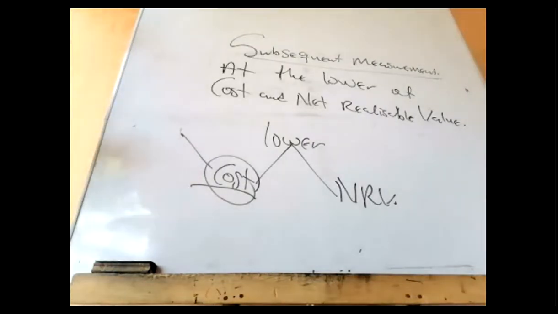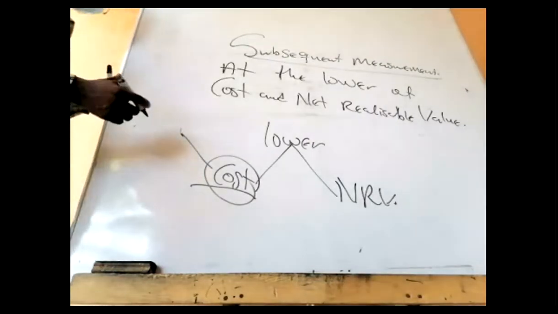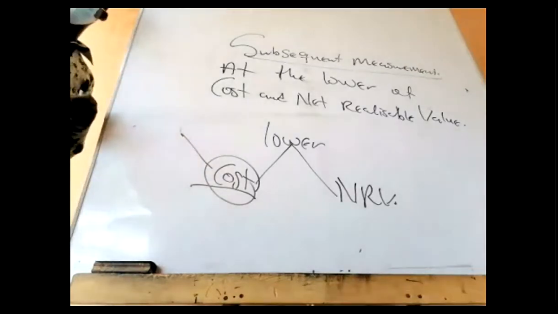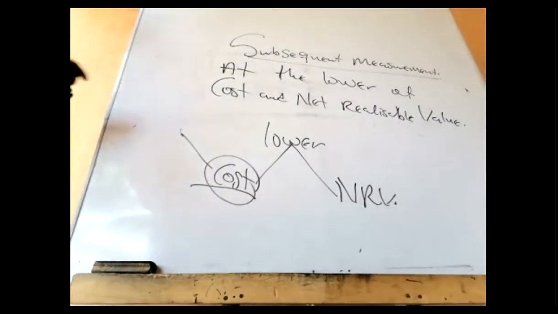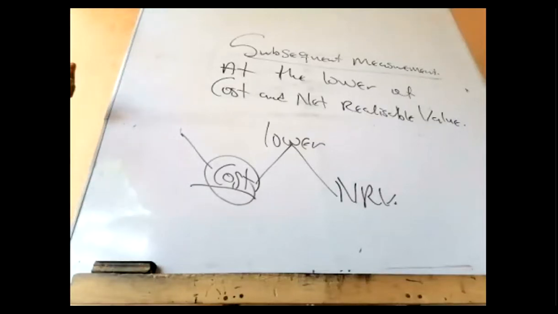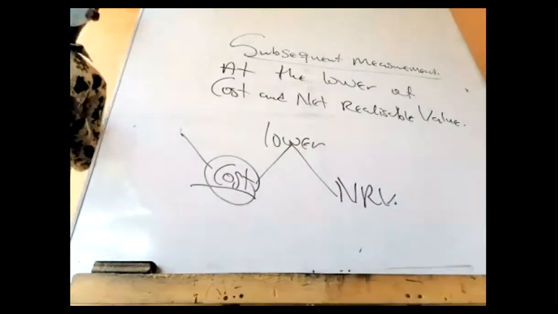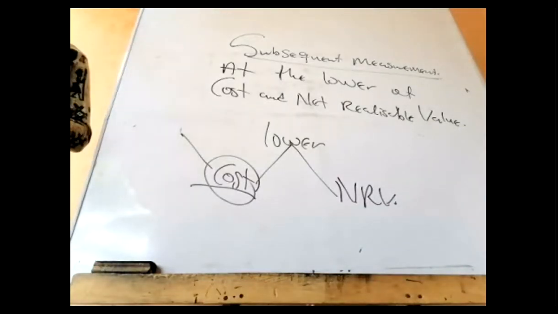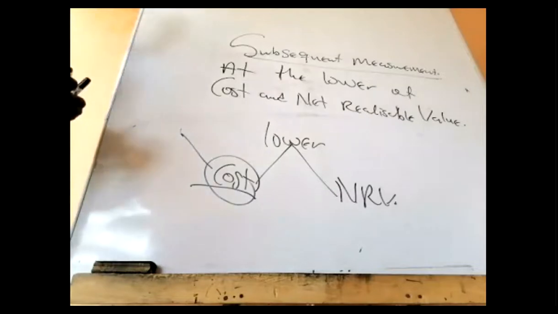Because if you bought some goods 6 months ago, at the reporting date, the cost might change. So how do you determine the cost? Now we are saying that there are formulas that you can use to determine the cost of these unsold goods. So let's see the cost formulas.